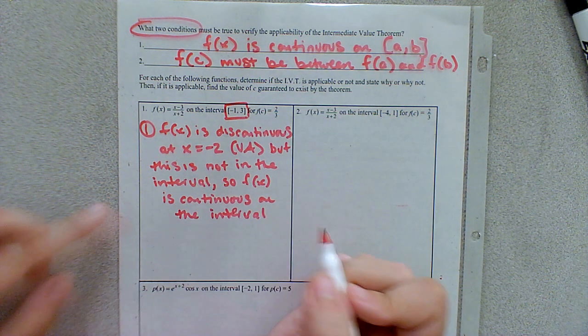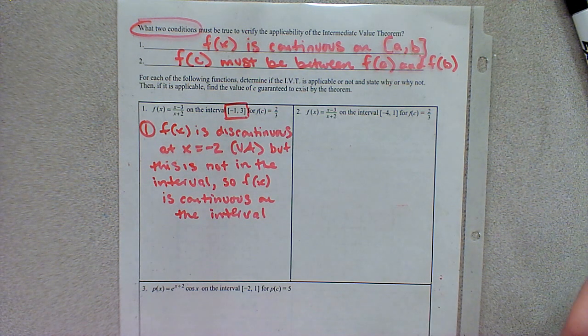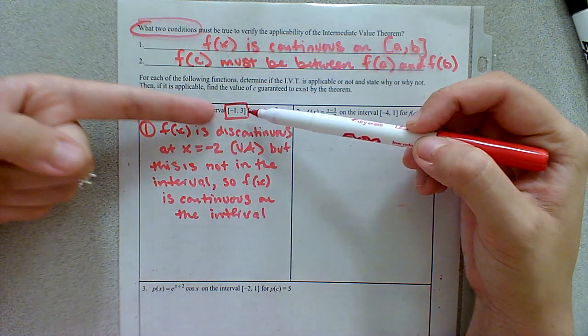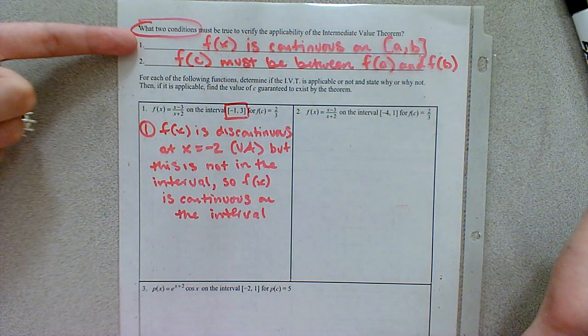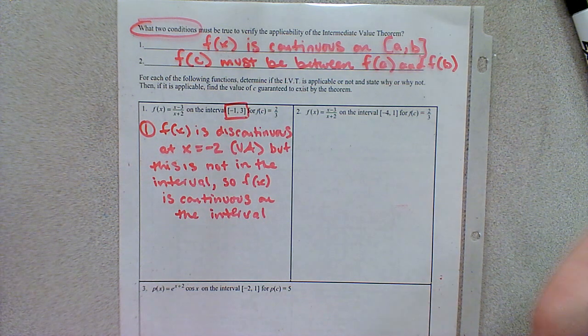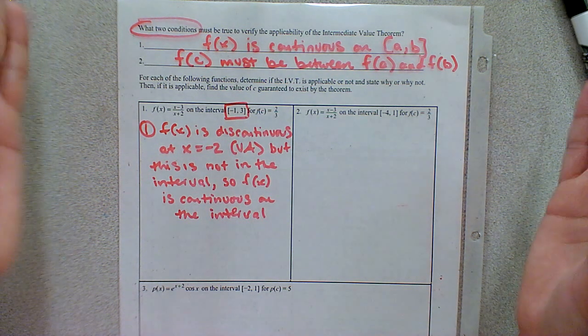A lot of thinking just happened there. We analyzed where it was discontinuous, but notice how it's not an issue because it's not in the interval that we want. So the first criterion checks out. We are continuous in the specific region of the graph that we are focusing on.